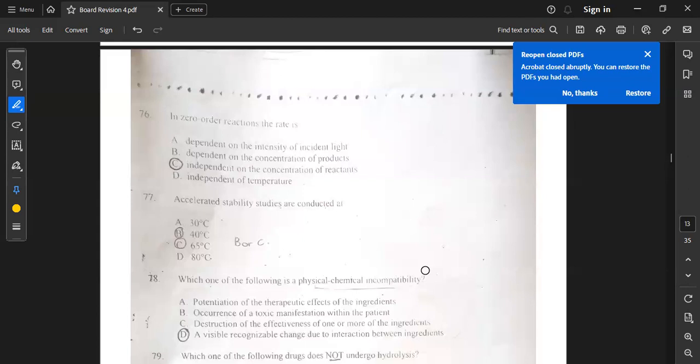Someone is requesting an explanation for second order reactions. Okay, so for second order, when you double the concentration, the rate of the reaction will increase by a factor of 4.